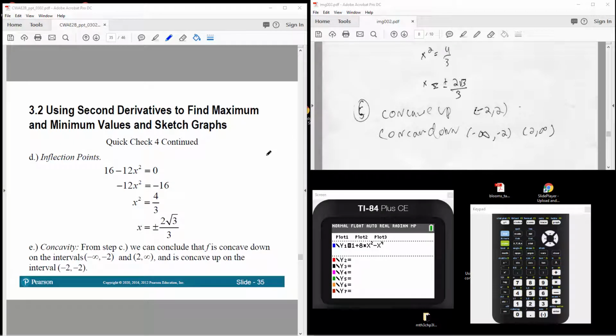It's concave down on the intervals negative infinity to negative 2 and 2 to positive infinity. It's concave up on the interval negative 2 to 2.